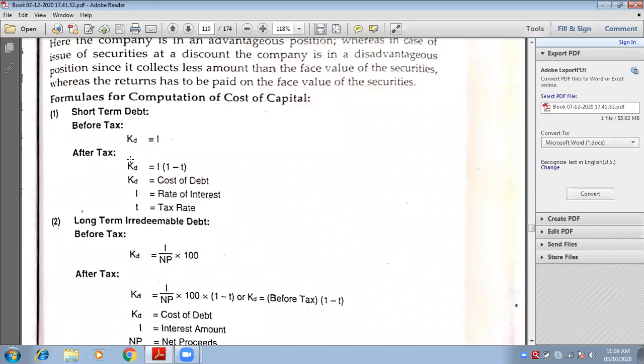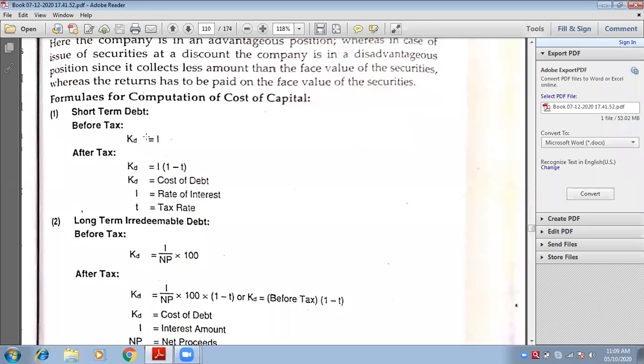From that profit, I first pay debt holders, debenture holders, bond holders, etc. Therefore it is known as they get tax benefits, and because they get tax benefits, it is always before tax that they are paid.